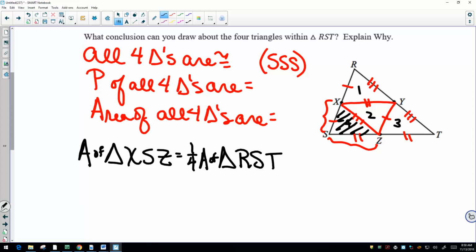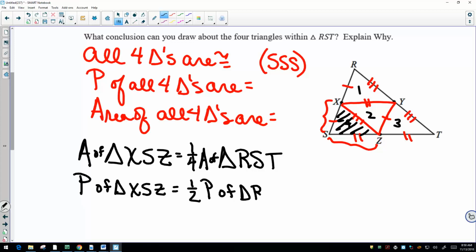Now, a little bit different, if we looked at the perimeter, think outer edges. So I could say the perimeter of triangle XSZ is going to equal 1/2 the perimeter of triangle RST. And we can notice that because if I take a look at the markings, I have XS is only going to be half the length.